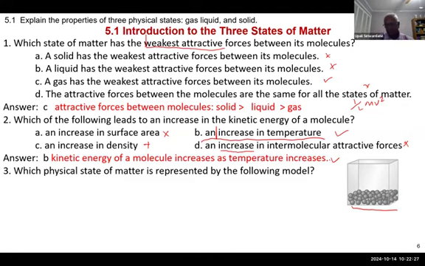Liquid has disorderly. If you look at these particles in here, they are kind of not orderly arranged. Therefore, this should be a representation of a liquid. B is the correct answer.